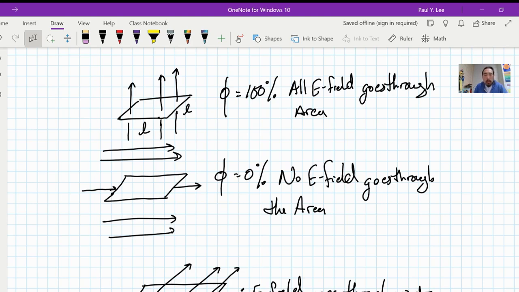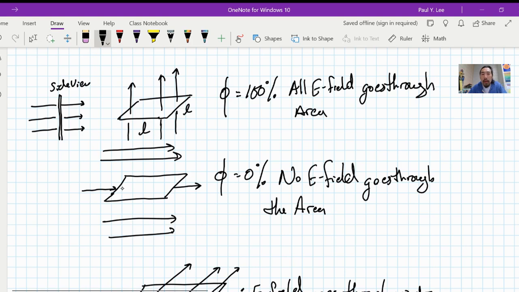Let's imagine this is the window, but in side view. Here we see the E field going through this window, and you might be thinking, all I see are 90 degrees, Mr. Lee. You're forgetting the definition of direction for area.